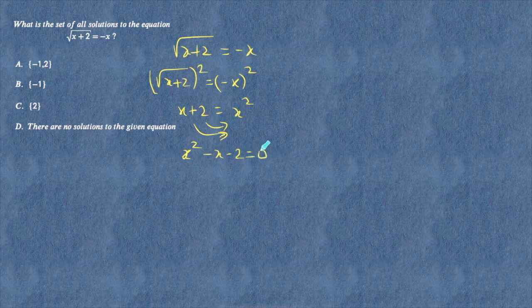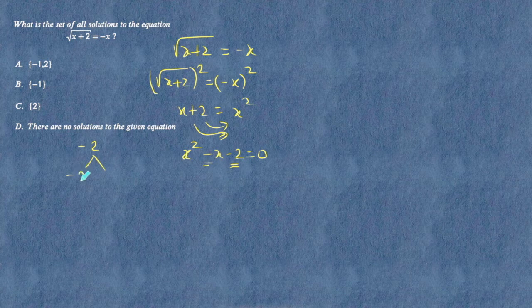So this is a typical quadratic equation where you can solve this using the formula minus b plus or minus square root of b square minus 4ac divided by 2a, or you can solve this by factorization, which is pretty straightforward. So how do you solve it by factorization? You have to get the product of two numbers as minus 2 and the addition of those two numbers should give you minus 1.